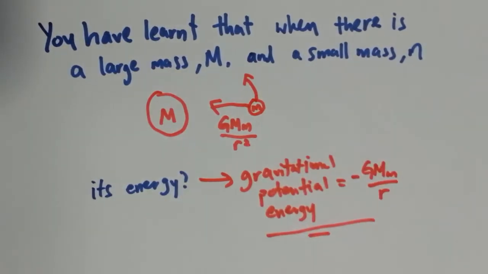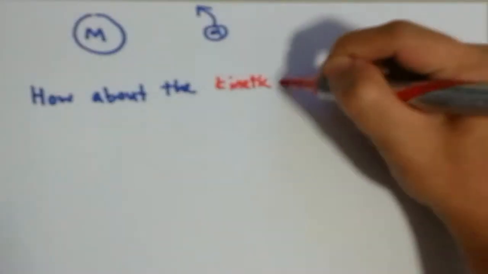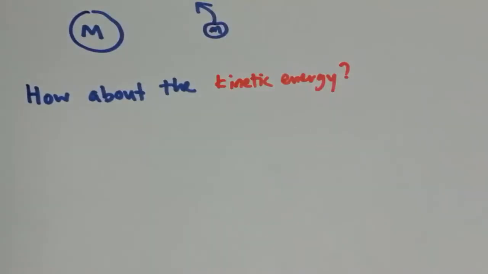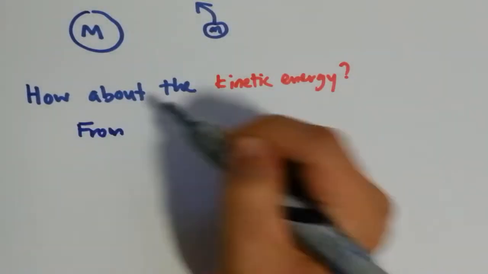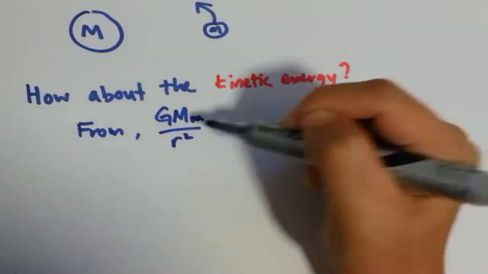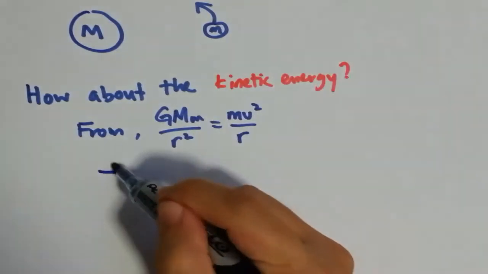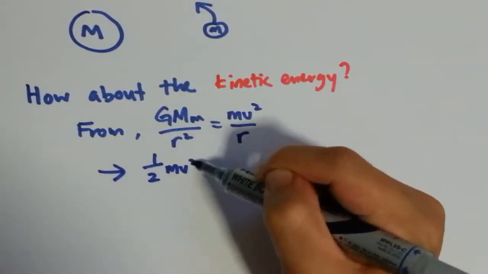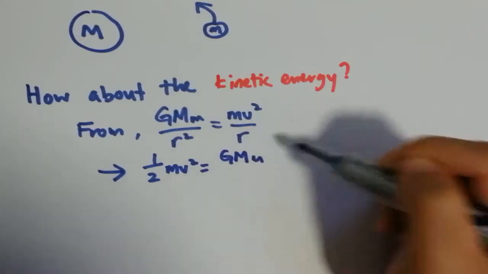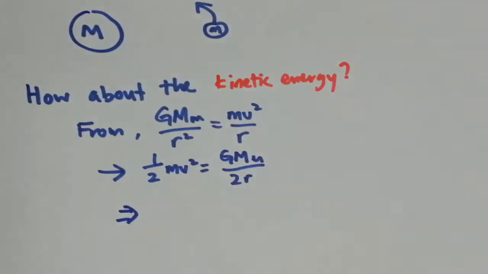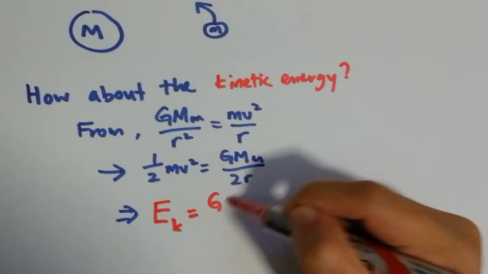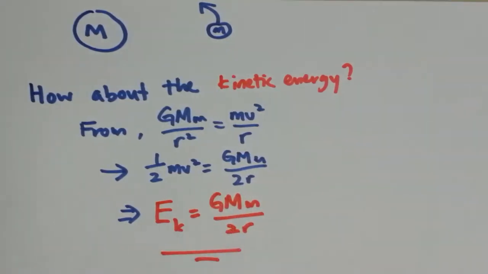Furthermore, this is constant throughout the orbit as r is a constant. Then how about the kinetic energy? This can be derived by equating GMm over r squared with mv squared over r. As kinetic energy is half mv squared, we make half mv squared the subject and we get that the kinetic energy is GMm over 2r.